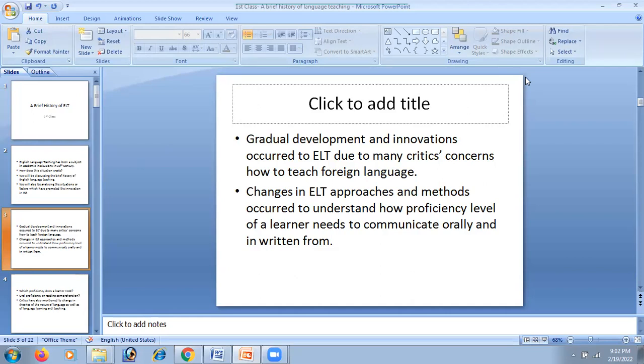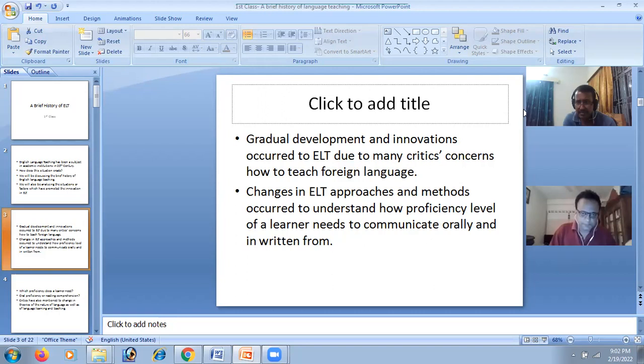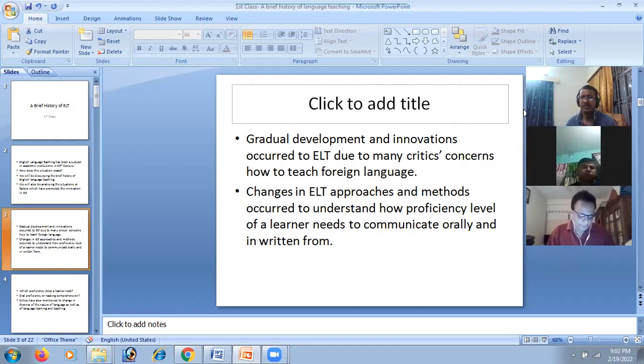So we see that the changes have also come in ELT approaches and methods for another reason. What is the other reason? That means through the history, through the centuries, we had been discussing which proficiency we need. Is it the oral proficiency, or is it the reading proficiency? Is it the writing proficiency?